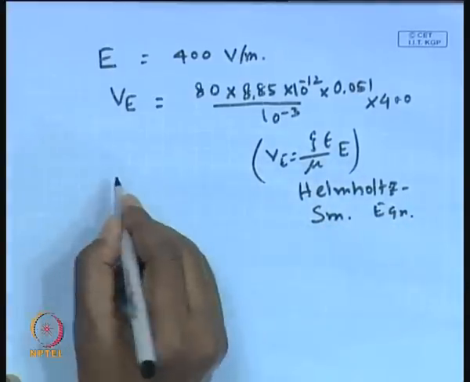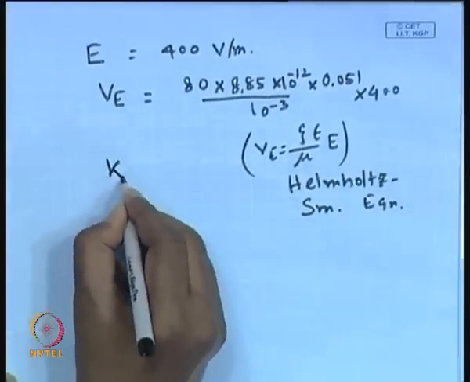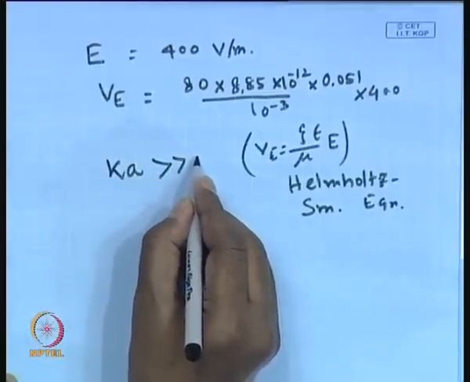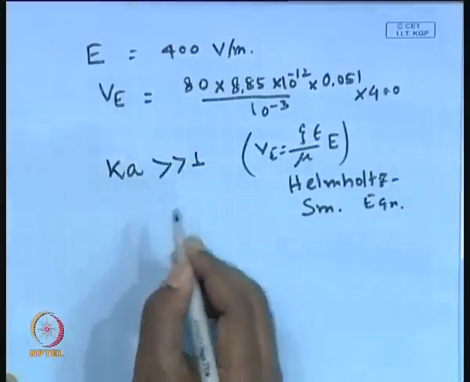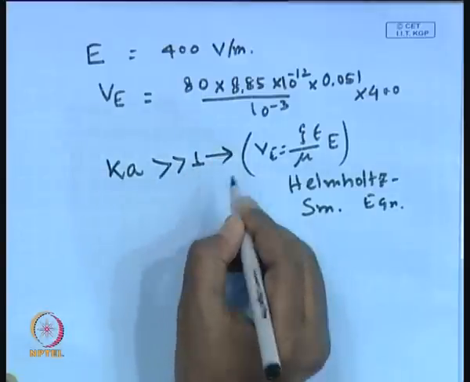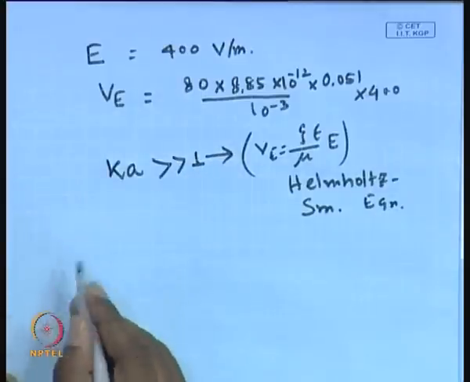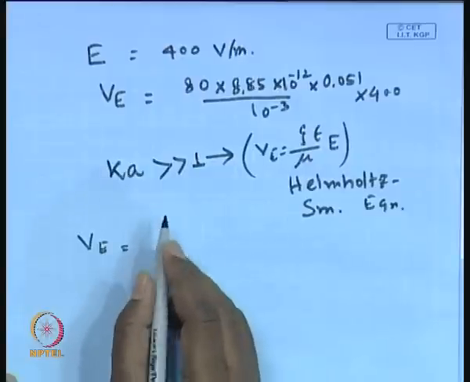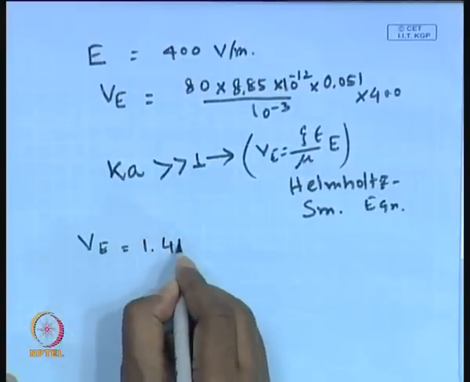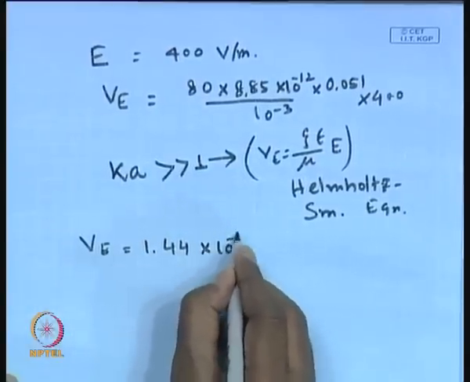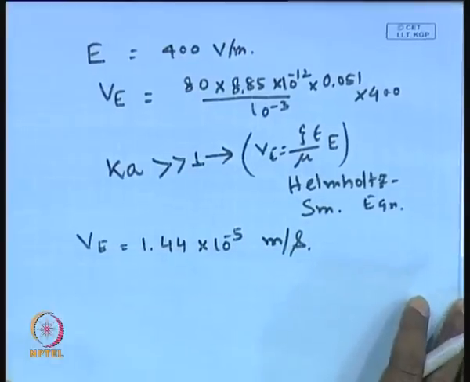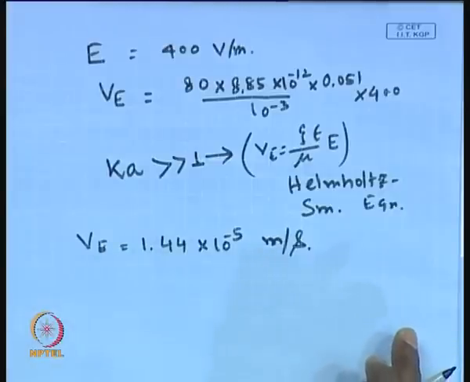And if you remember, it applies when kappa A is much greater than 1. Under this condition, you use this expression. So, the electrophoretic velocity turns out to be 1.44 into 10 to the power minus 5 meter per second.